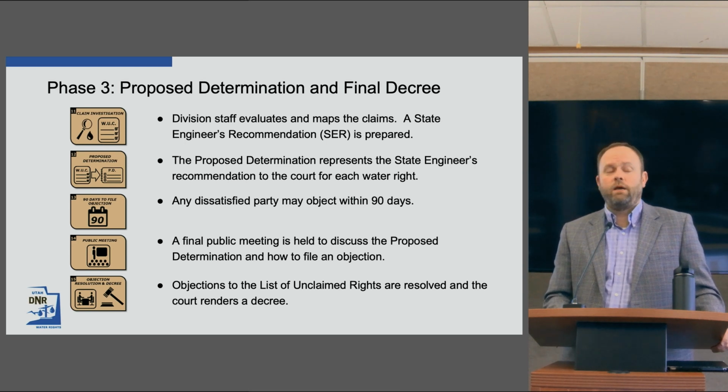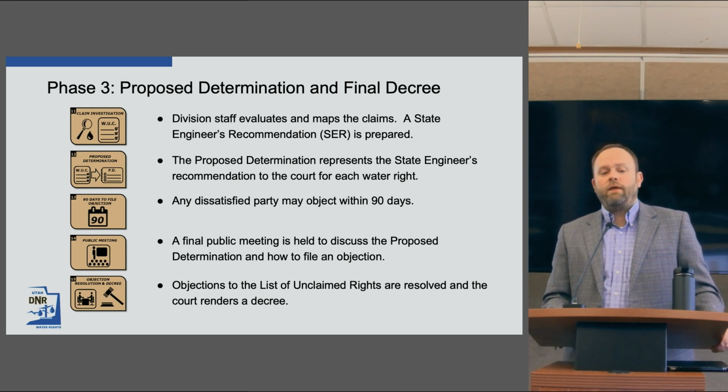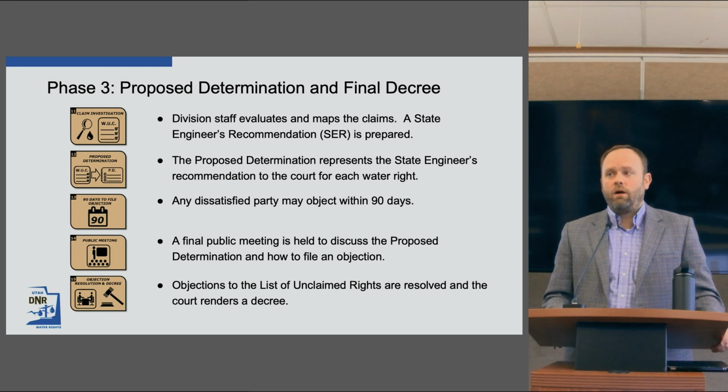Is that correct? Okay. So that determination is not part of the adjudication process. We don't consider that in the adjudication process, but this is the tool that permits us to implement that type of management if needed in an area. And so we have other tools that we can use, groundwater management plans, for example, or simply priority distribution.